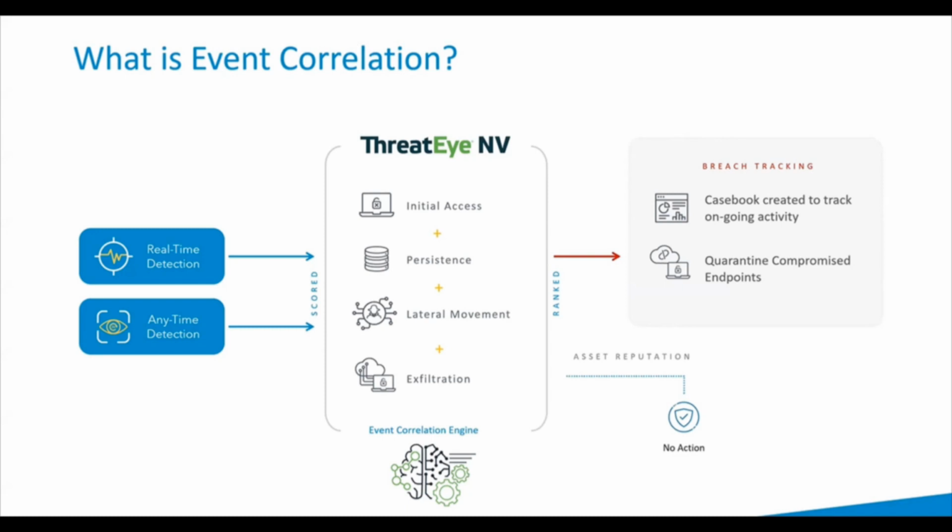Let's talk a little bit about event correlation. So what does this mean? How do we do it? In previous talks, it was discussed a little bit about our machine learning engine and how we score different findings. But then the next stage of that is, what do we do with those findings once they're produced?